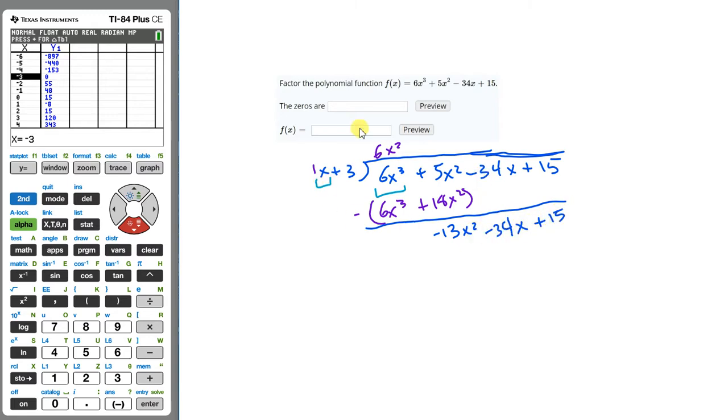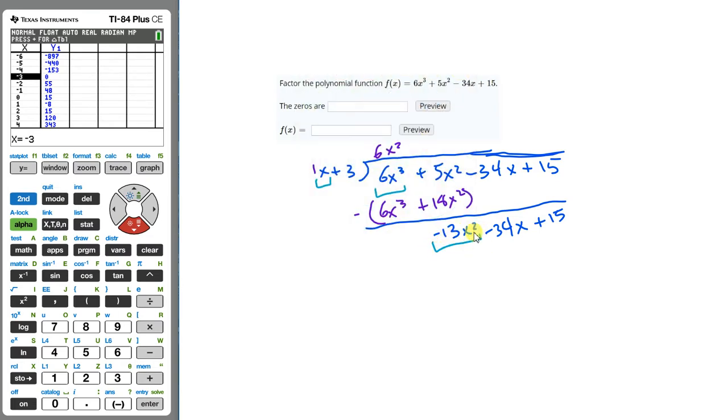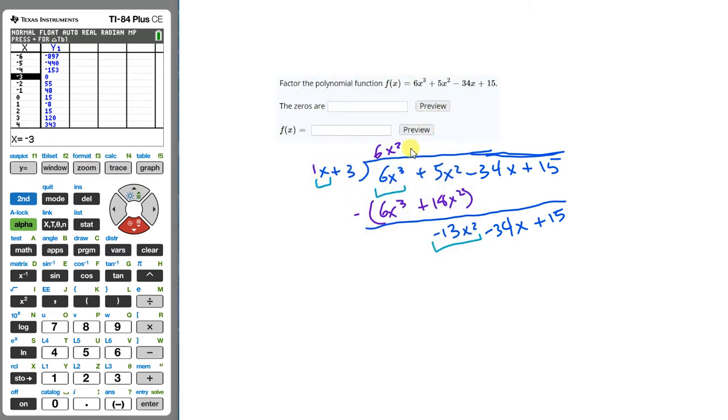How do I make a 1x look like a negative 13x squared? I need a negative 13 and an additional power of x. Multiply back down: negative 13x squared, negative 39x. Subtract, because we've accounted for all that. Negative 13 plus 13 is gone.